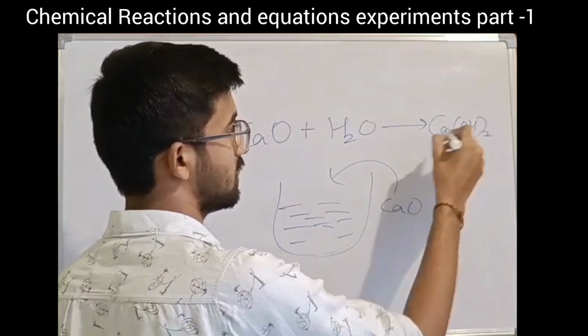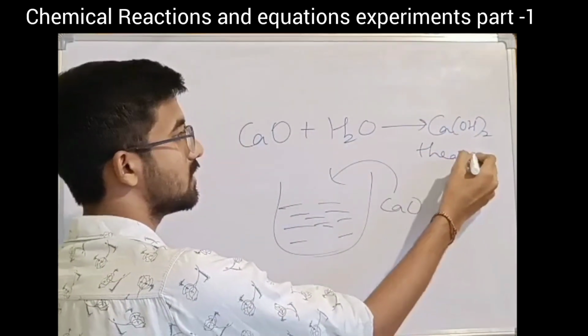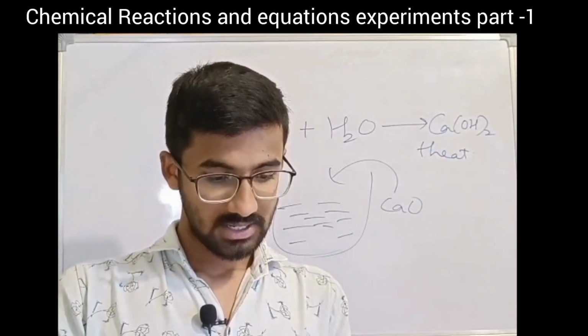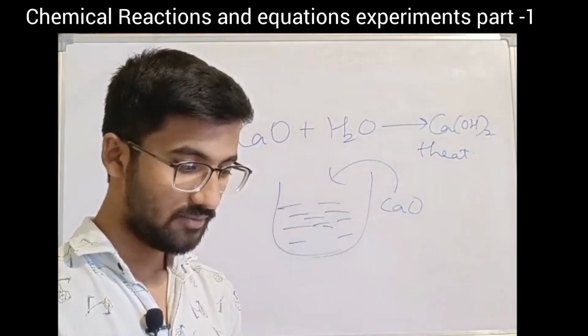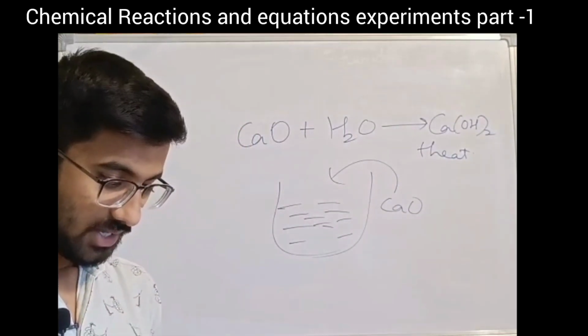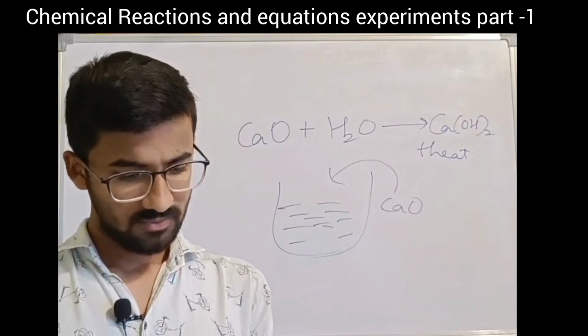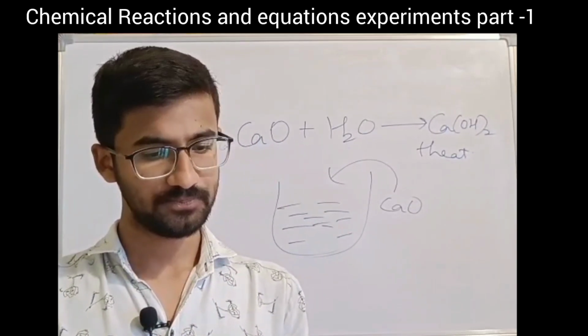Calcium hydroxide plus heat which is liberated out, which is again an exothermic reaction. Calcium oxide plus water gives rise to calcium hydroxide, where heat is liberated out. That was activity number 4. Next, let's go for activity 5, which is the most important one, decomposition reaction.